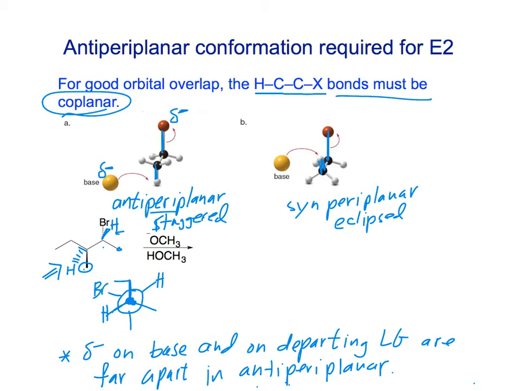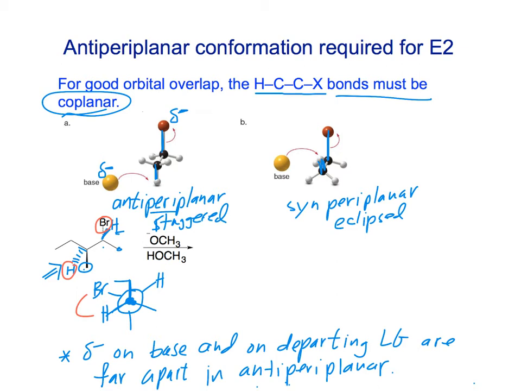All right, does this have an anti-periplanar arrangement between this hydrogen and the bromine? Well, no, look, here they are, and they're only 60 degrees apart. So for the E2 elimination to take place, this molecule needs to adopt a different conformation.